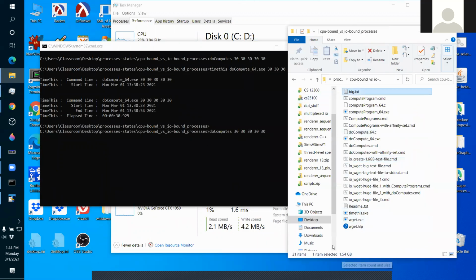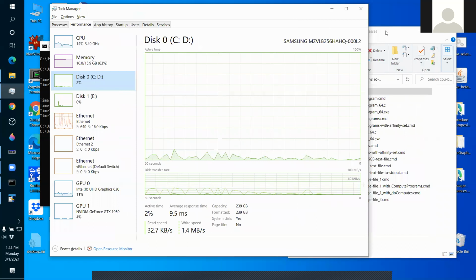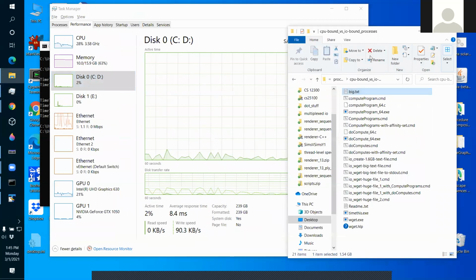Yeah, it's finally done. Okay. You can see the history. It ended around about here. It did not stress the hard drive very much. The hard drive didn't do that I/O operation anywhere near as fast as it could have.